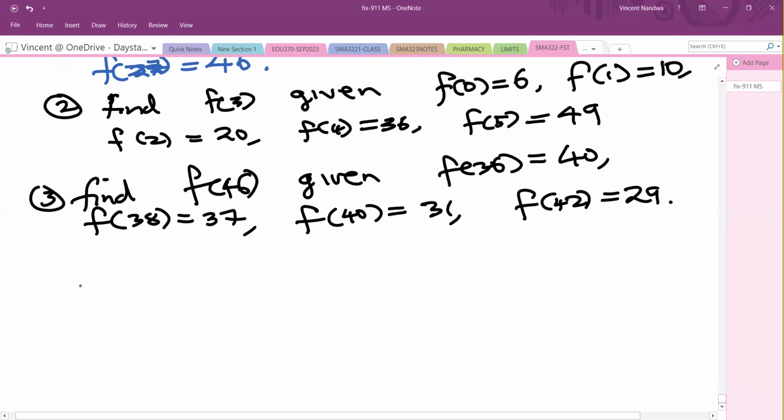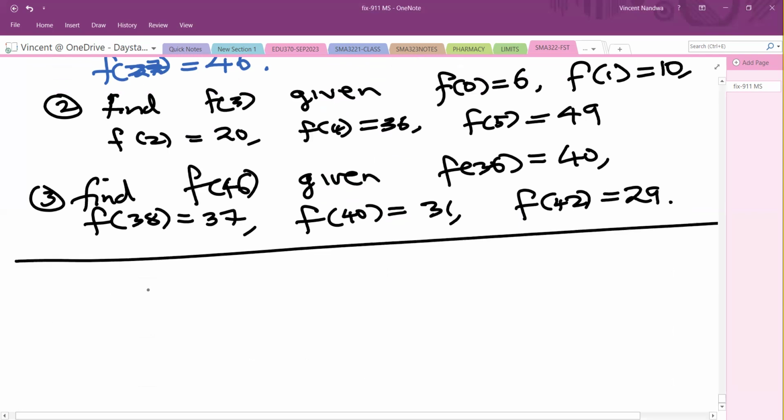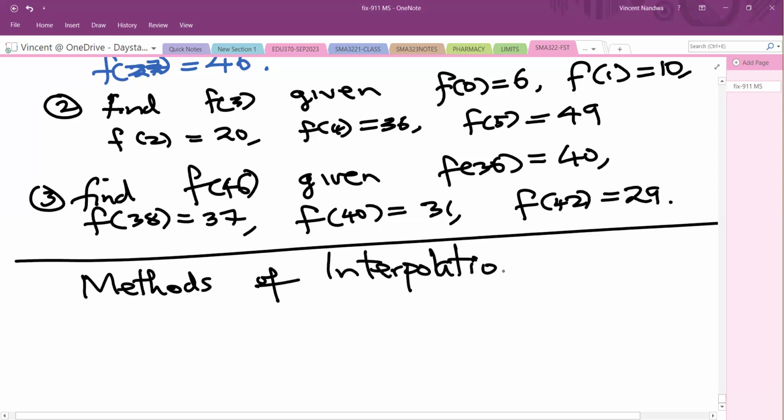So, methods of interpolation. There are two things to consider.